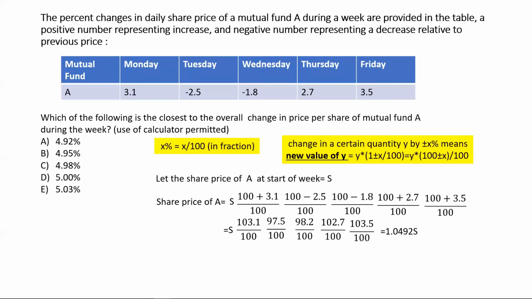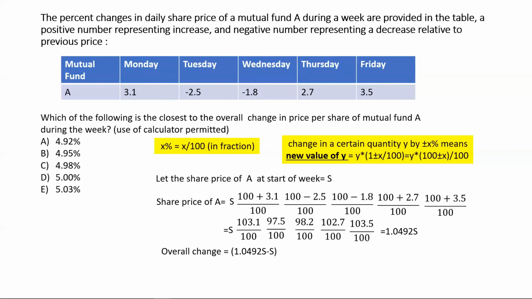Now what we have been asked to find out is the overall change during the week. So at the start of the week the share price was S. At the end of the week it was 1.0492S. So this change is basically 1.0492S minus S.